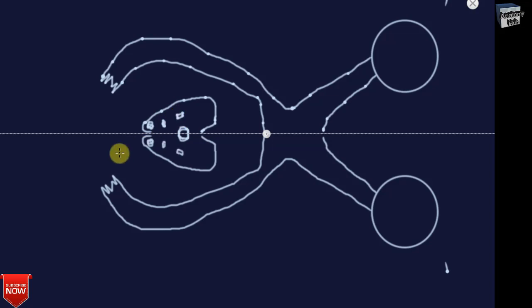Now at this point, it is actually not an anatomical diagram, I have drawn it only to make you understand. There is the thalamus over here.